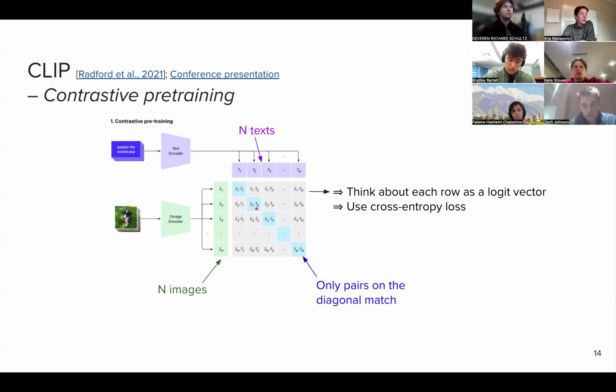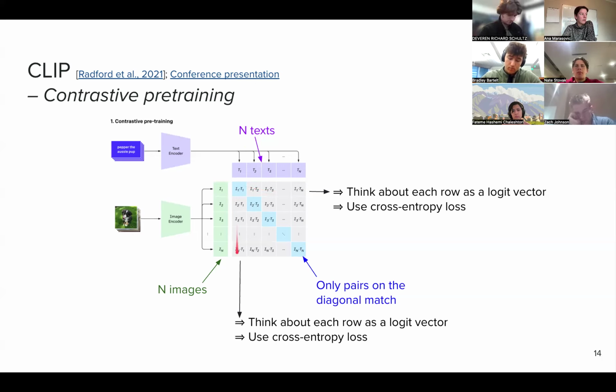So if you think about this in this way, you can think as if we are doing classification in each row, and therefore we can use cross entropy loss for each row. And similarly, you can do that for the columns as well.